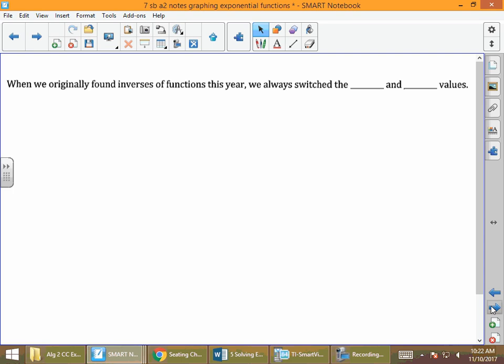But what is the underlying idea behind inverses? When we originally found inverses of functions this year, we always switched x and y. The x became the y, the y became the x.